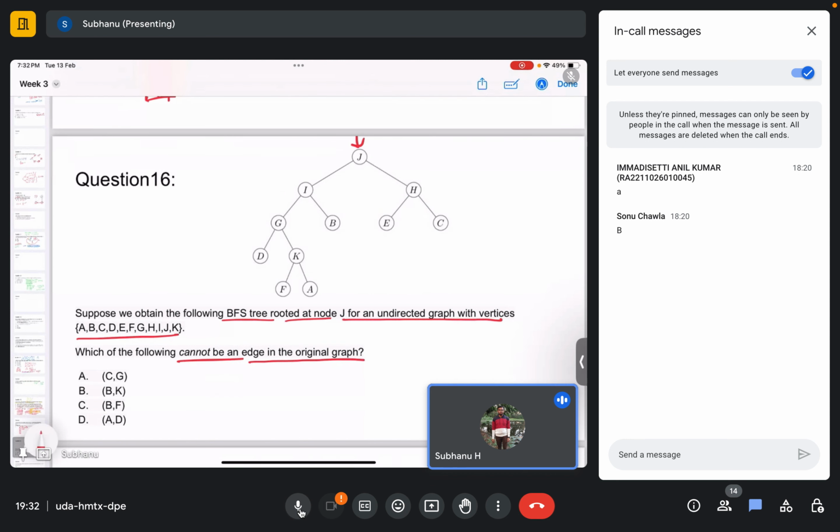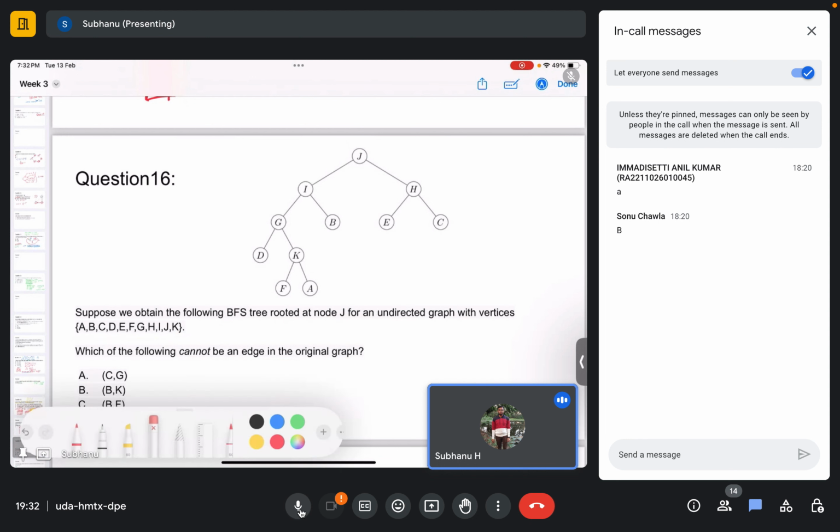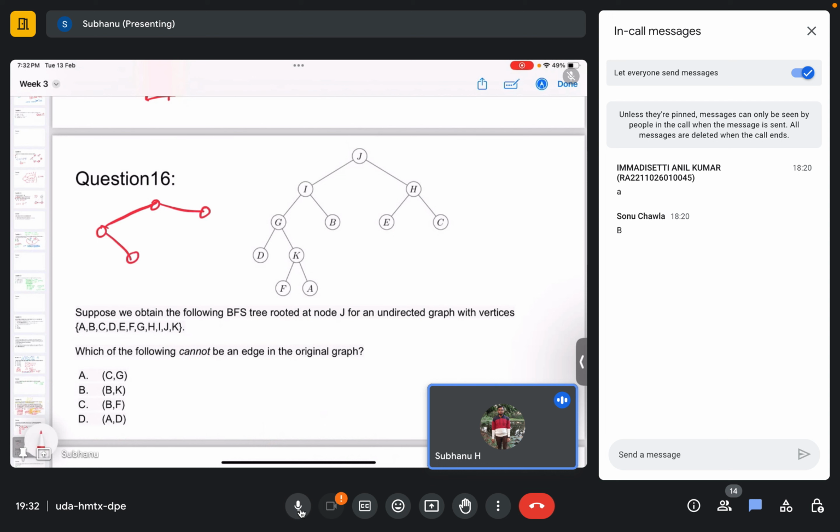So this is a tree, not a graph, and you got this tree from the BFS traversal. Maybe previously you had a graph like this. Using this graph, if you traverse it using the BFS algorithm, you get this tree. So what cannot be an edge in the original graph? This is the question.